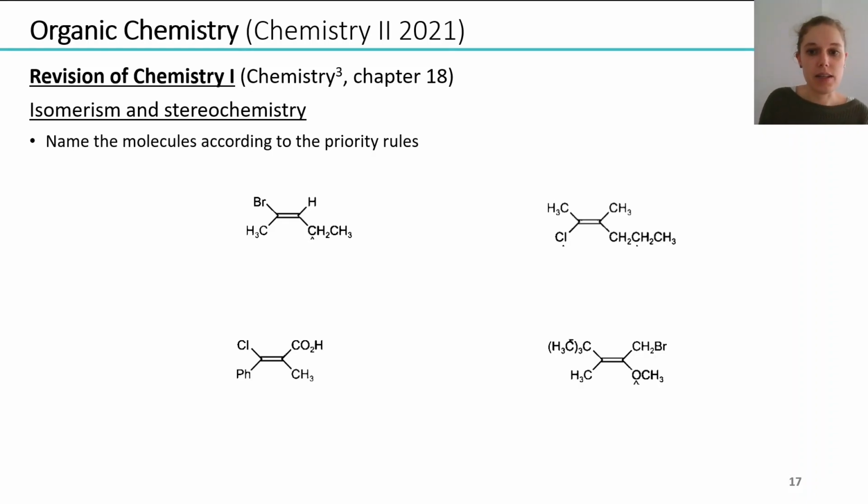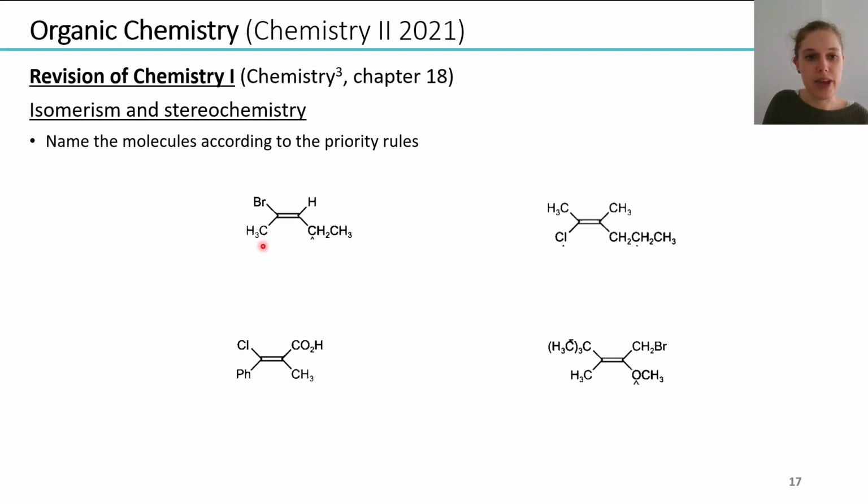So if we now want to assign the E and Z isomers, then we start at the double bond and then we go around to check the priority of each substituent. The bromine has the highest atomic number in the periodic table, so we know already this is a high priority substituent. And then we go further, and we know that carbon has a higher atomic number than hydrogen.